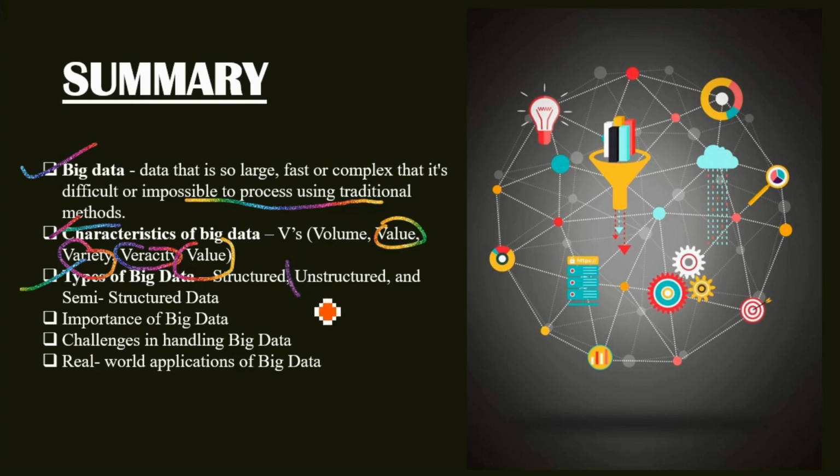Unstructured data does not follow any fixed rule or schema. It can be any media, photo, video, or anything. Then we have semi-structured data. It does not follow a fixed schema either, but it does have key-value pairs which help in gaining insights.